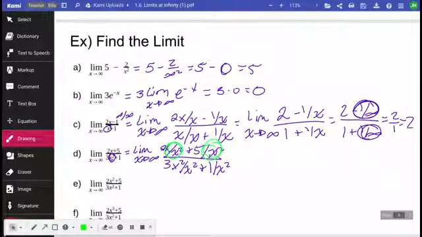That's all that's left on there. And so when I plug in infinity here, I get 2 times infinity over 3, and that's just infinity, because infinity divided by 3 is nothing. It's still infinity. All right, we're going to find the limit here of each of these.